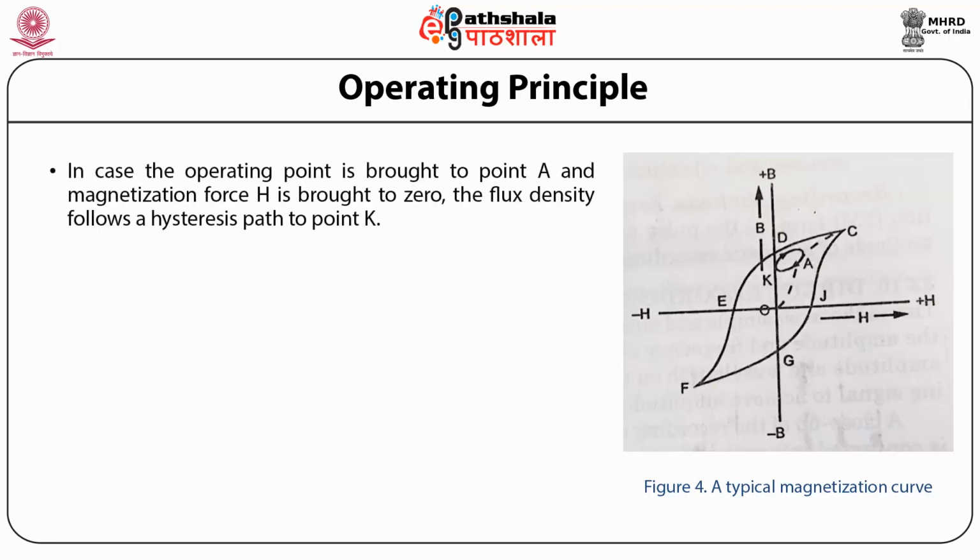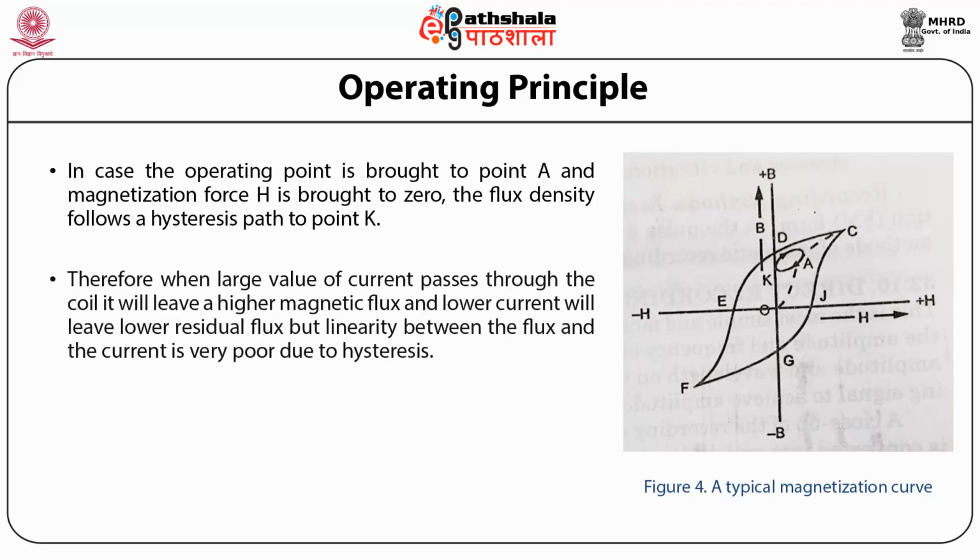In case the operating point is brought to point A and magnetization force H is brought to 0, the flux density follows a hysteresis path to point K. Therefore, when a large value of current passes through the coil, it will leave a higher residual magnetic flux and lower current will leave lower residual flux, but linearity between the flux and the current is poor due to hysteresis.